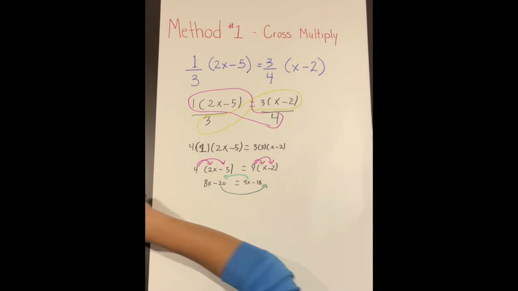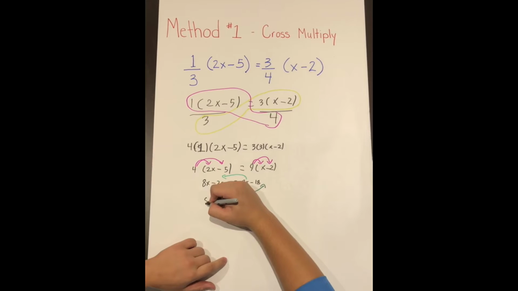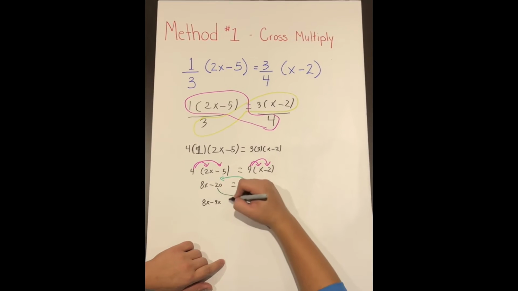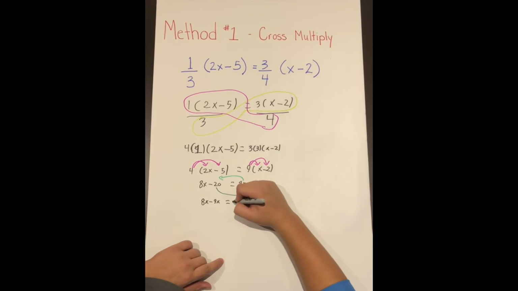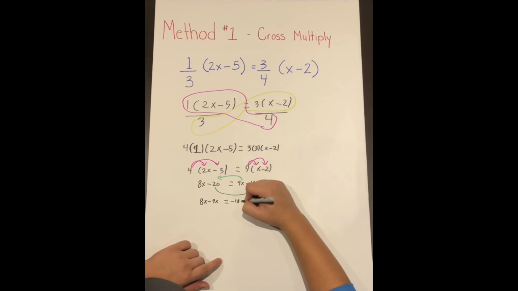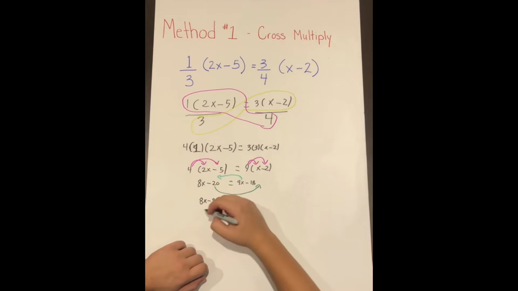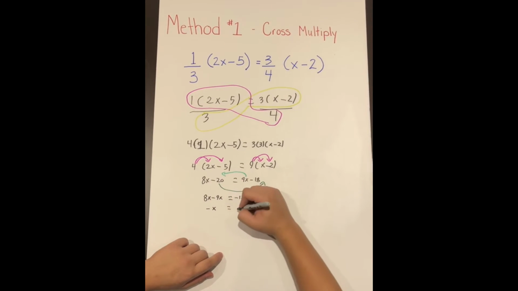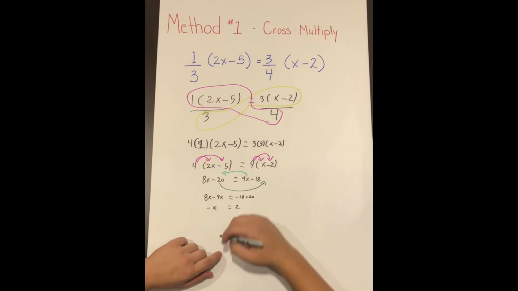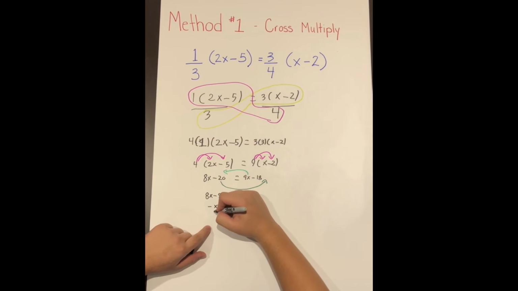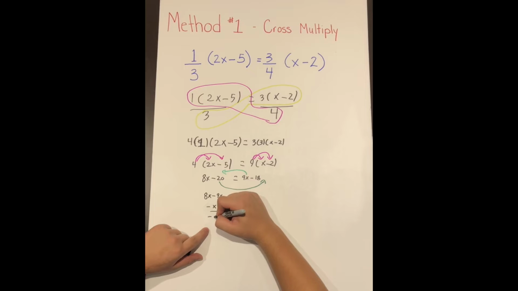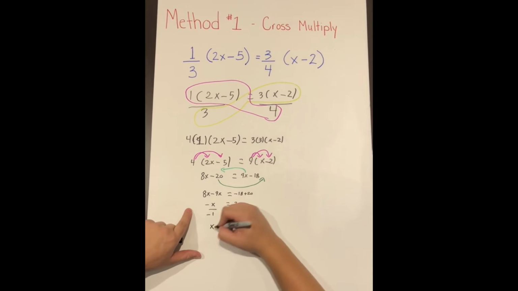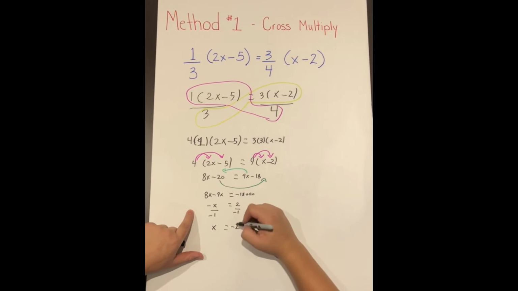So we could rewrite that like 8x - 9x = -18 + 20. After you do that, this would end up being negative x = 2. Once you do that, you'd have to divide this by negative 1 and this by negative 1, which means x would equal negative 2, which is the answer.